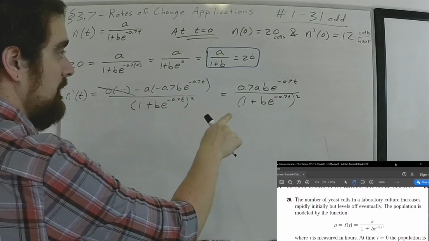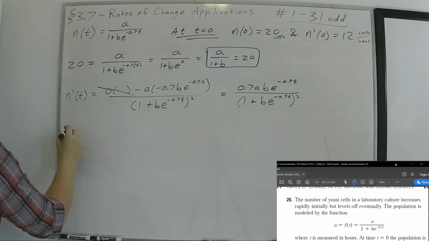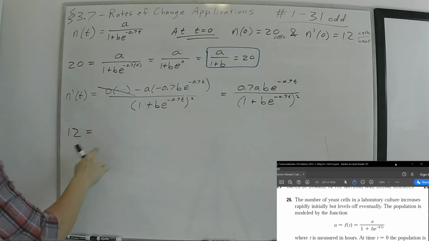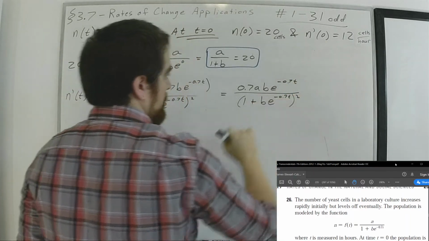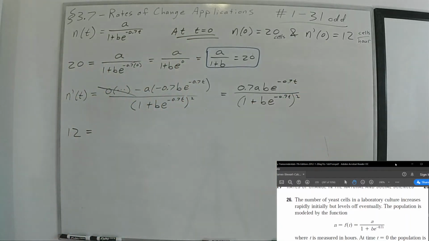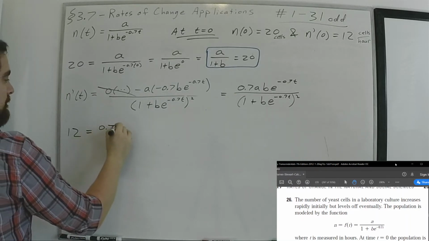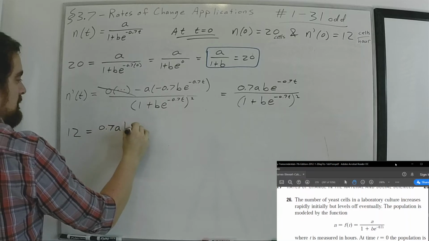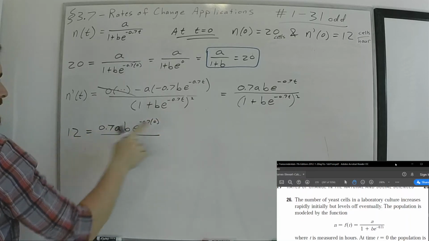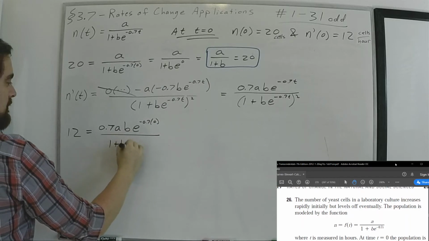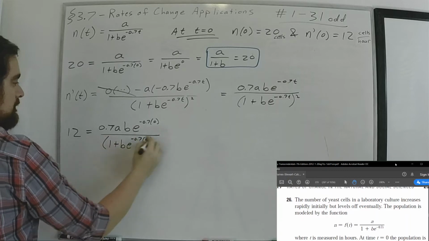Now, this I can set equal to 12 because it is the derivative with t plugged in to be 0. So let's go ahead and do that. Let's take 12 is equal to 0.7 a times b e to the negative 0.7 times 0 over 1 plus b e to the negative 0.7 times 0, quantity squared.